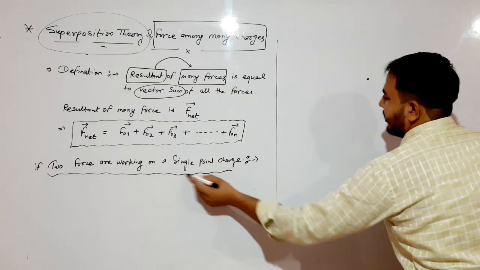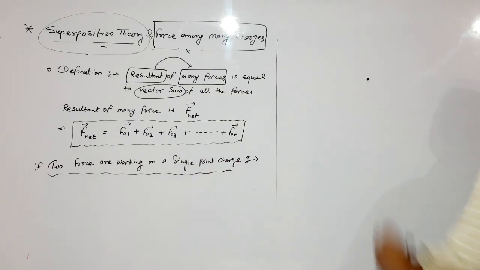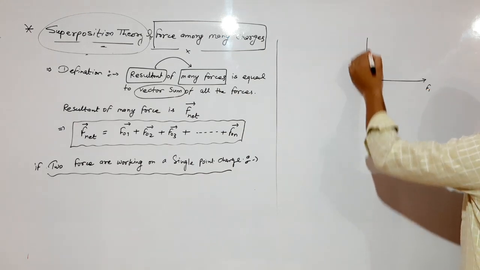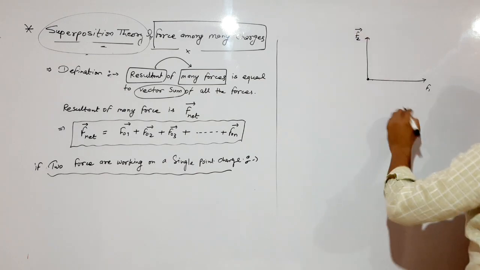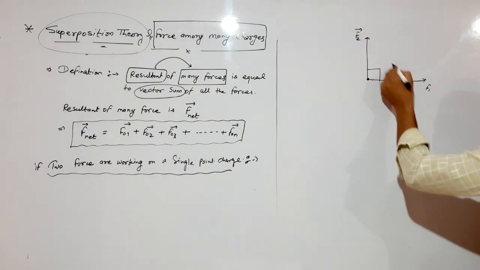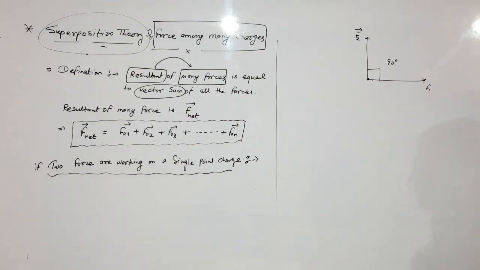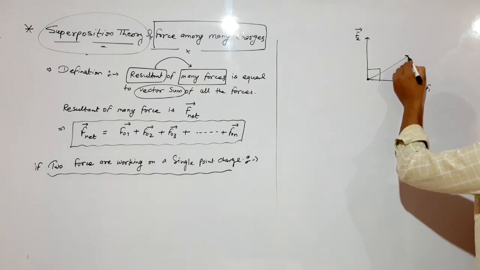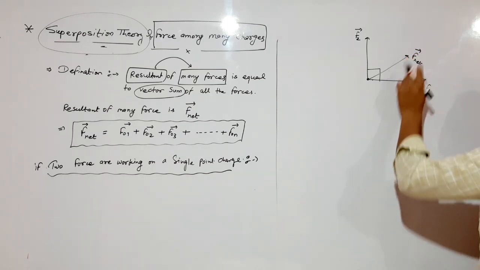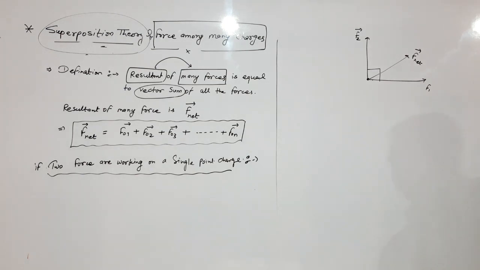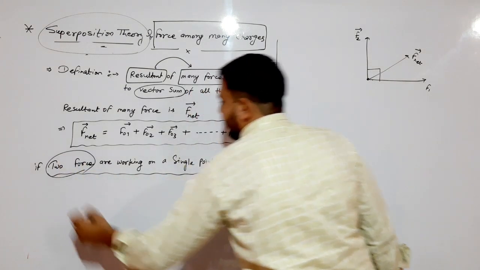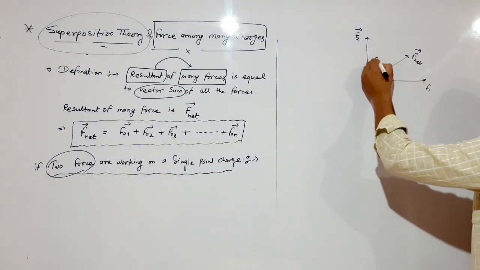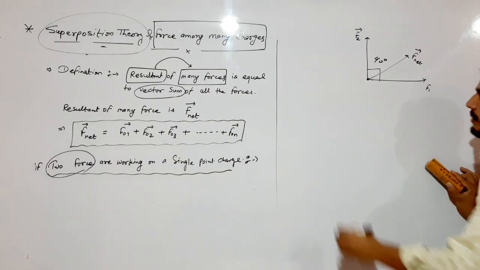Let us consider that the single point charge is this one, with forces F1 and F2. The angle between them is 90 degrees. So the resultant force F net direction is here. In this case two forces are working, F1 and F2, and the angle between them is 90 degrees.